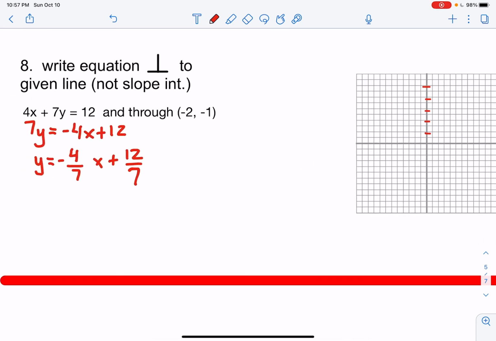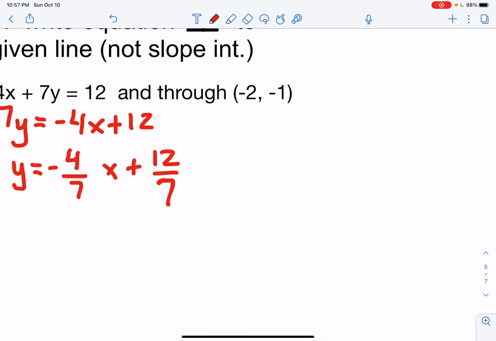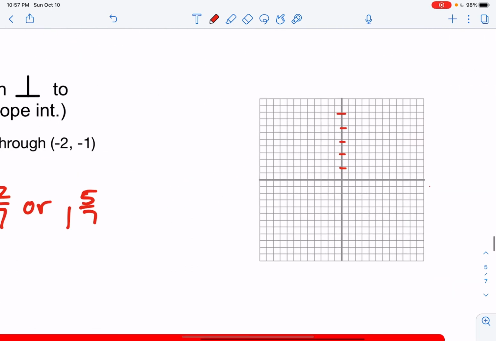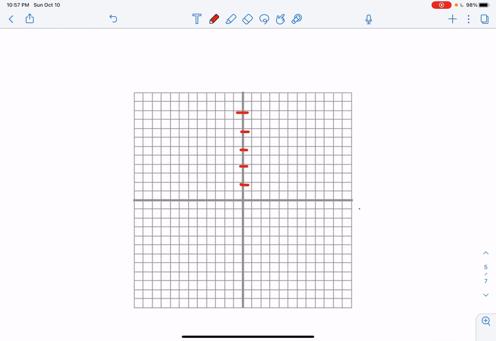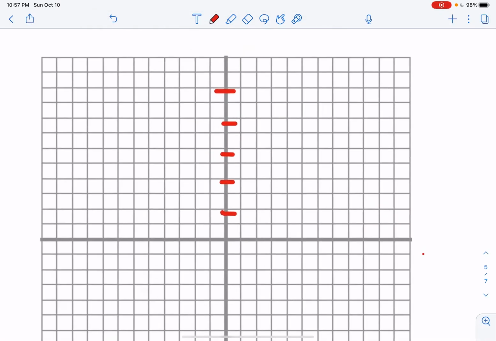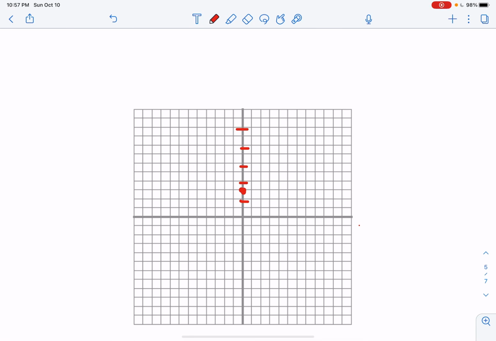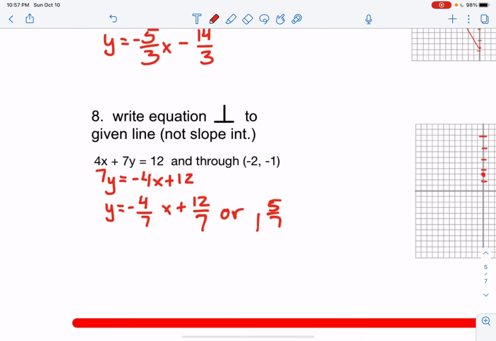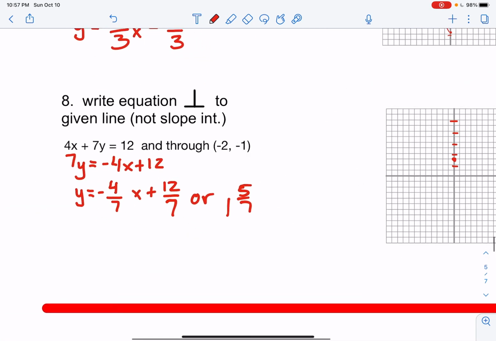So 12/7, or 1 5/7. So 1 5/7 is going to be somewhere around here. And then my slope tells me to go down 4, right 7.